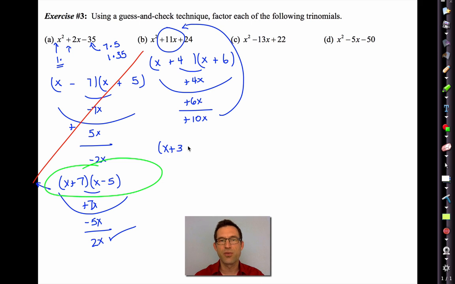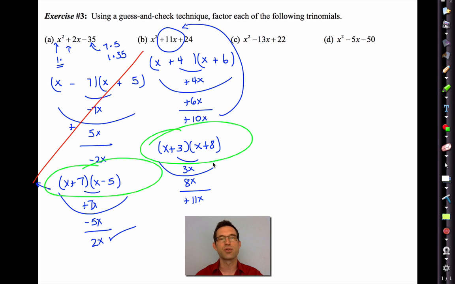Maybe x plus 3 times x plus 8. Let's see, 3x, 8x, add them together, we get 11x. That's what I needed. Again, let me circle in green so we know what the right answer is. That's it. All right, why don't you pause the video and try C and D.